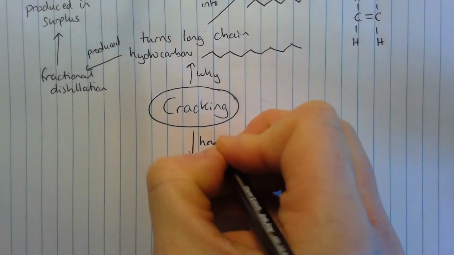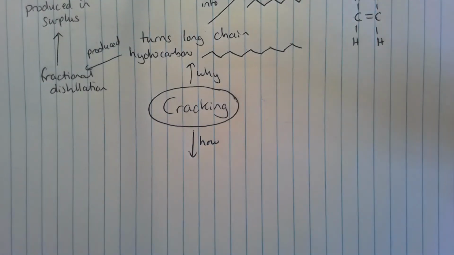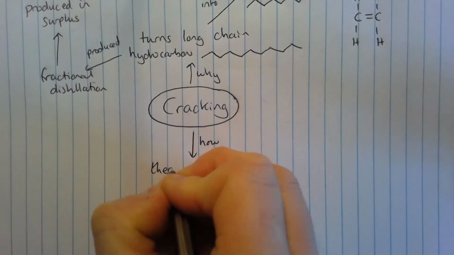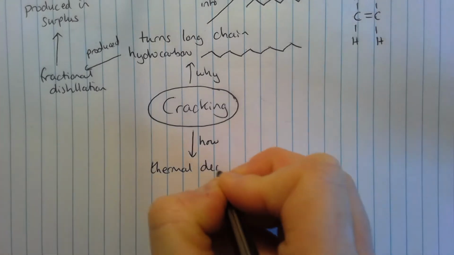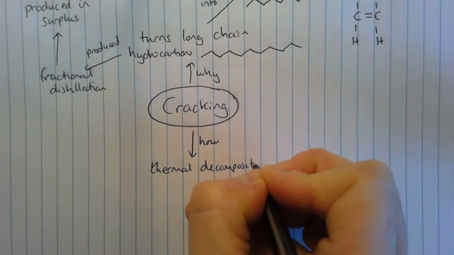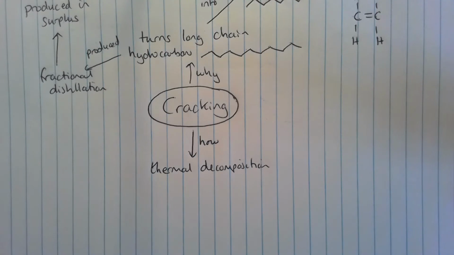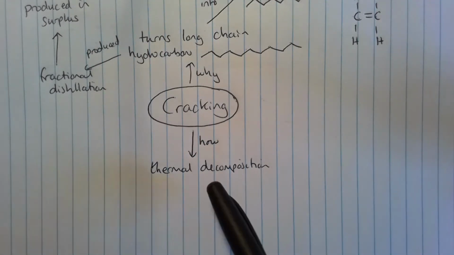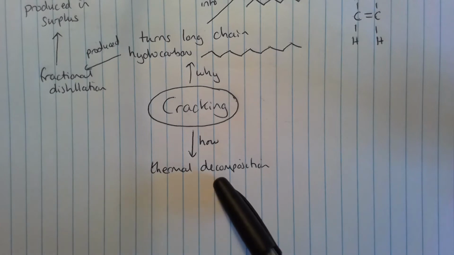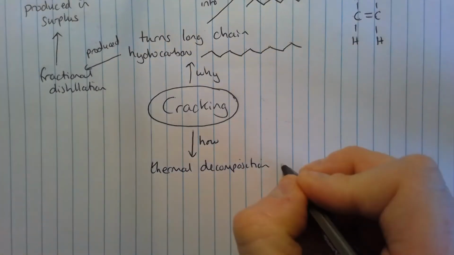So how do we do this? It's a process called thermal decomposition. Thermal decomposition is made up of 2 words: thermal, which means heat, and decompose or decomposition, which means to break down.